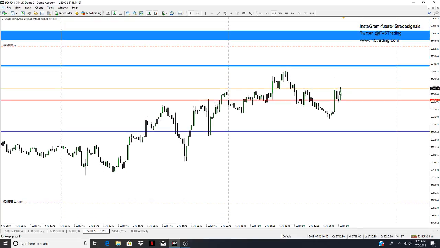Hopefully this just continues up, and we'll get taken out of this with profit today, and we won't have to worry about it on the weekend. If this isn't closed out by end of day today, I'll probably just close it out manually. But this is easily within striking distance of that profit target.